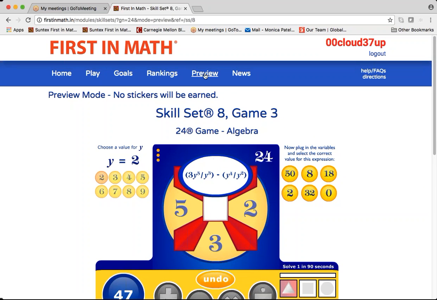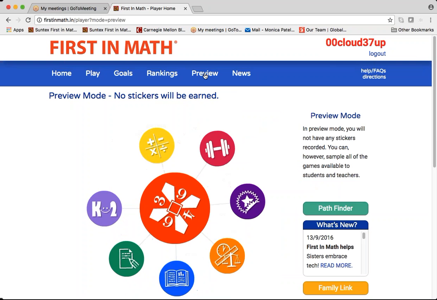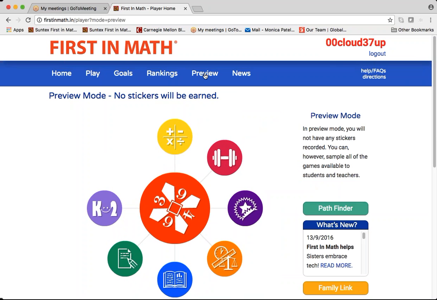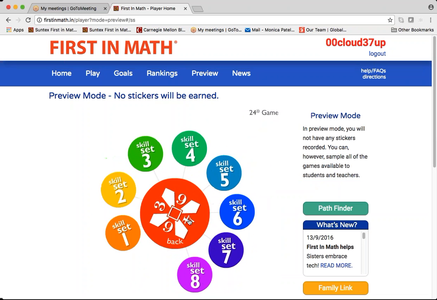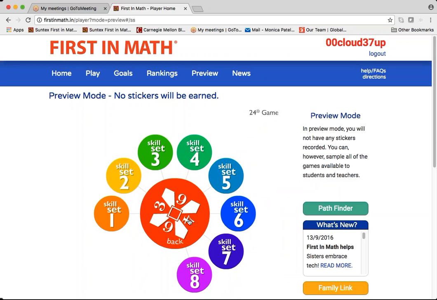So skill sets are for procedural fluency, roughly aligned to standard and skill level. Also provides seamless scaffolding starting with addition going all the way up to multivariate algebra. I recommend students use this as a diagnostic.